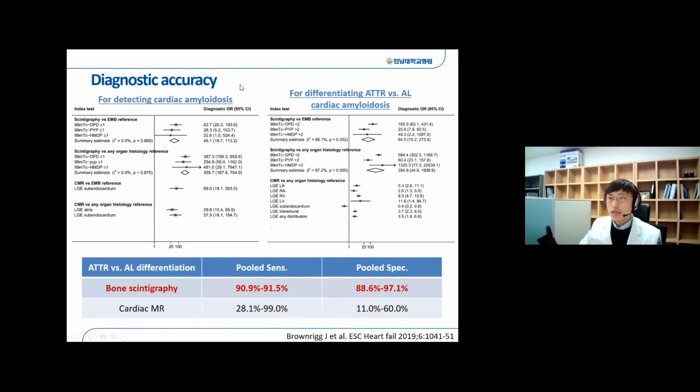So in this meta-analysis, for the differentiation between ATTR versus AL cardiac amyloidosis, bone scintigraphy yielded very homogeneous and very excellent accuracy, over 90%, in contrast to cardiac MRI, which yielded only very heterogeneous and even low diagnostic accuracy.